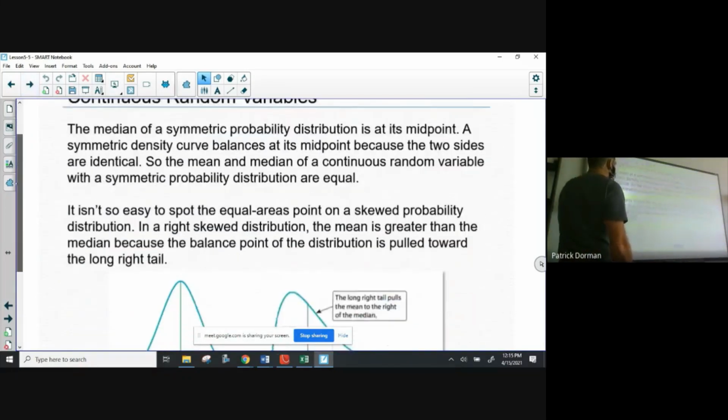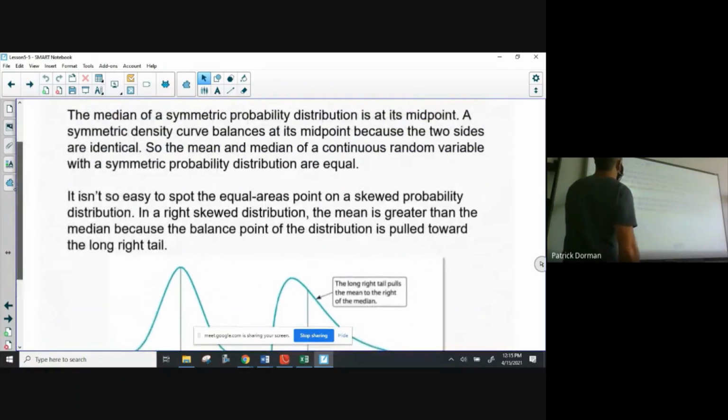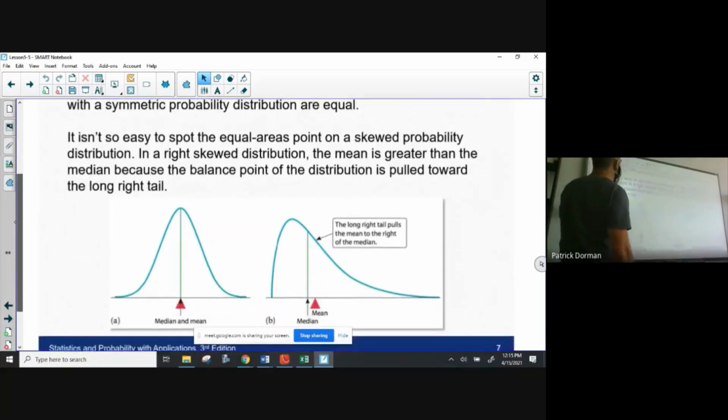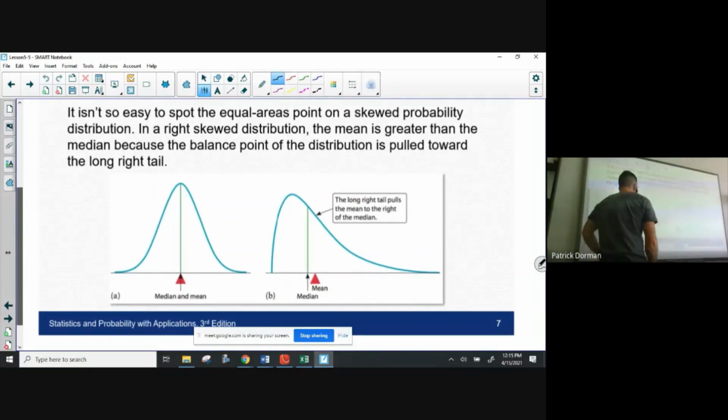Okay, hold on. I'm going to get you just the stuff that you need, okay? So what's going to happen here is if your distribution is perfectly symmetric, your mean and your median are the same, okay?